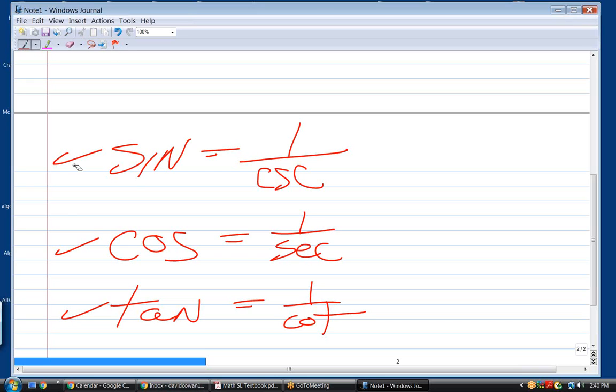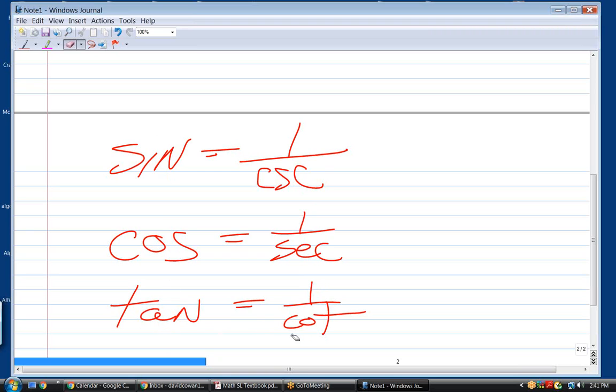So when I talk about the three primary trig functions, these are the three that I'm talking about: sine, cosine, and tangent. Now, in reality, they're no more primary than these three. These three here are every bit as important as these three.